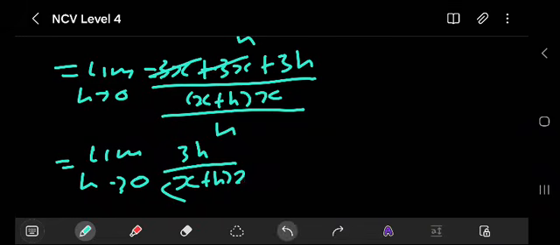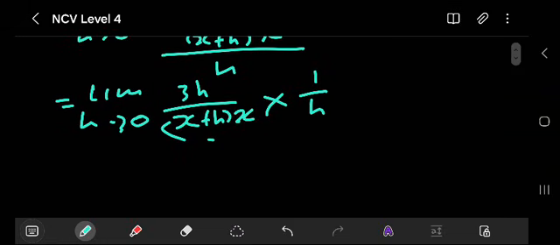But this is the same as what, guys? As division, we just multiply by the reciprocal. Remember here we had h, so we'll multiply by 1 over h. So this and this will cancel. Understand? Then you replace the h with 0.